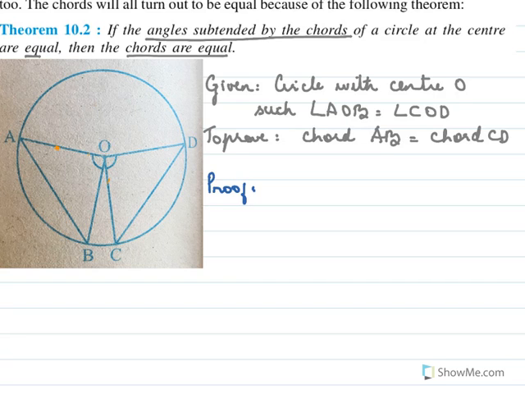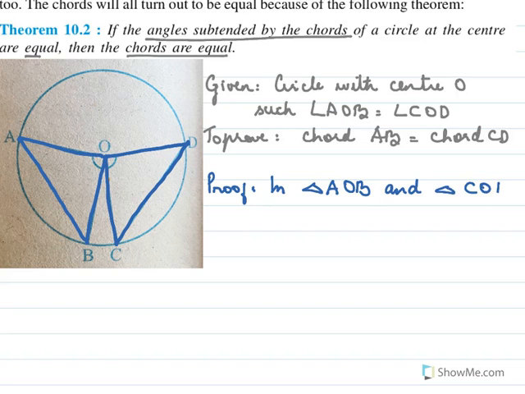We'll consider triangle AOB, here this triangle, and on the other side triangle OCD. So in triangle AOB and triangle COD, we know AO equal to OB equal to OC equal to OD because they are radii of the same circle.